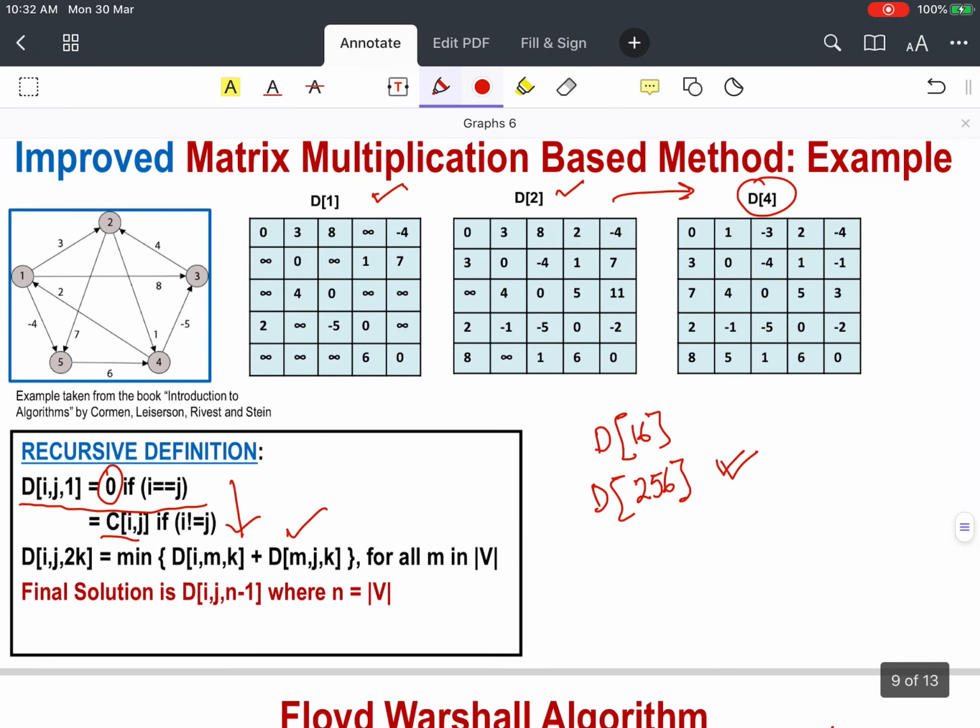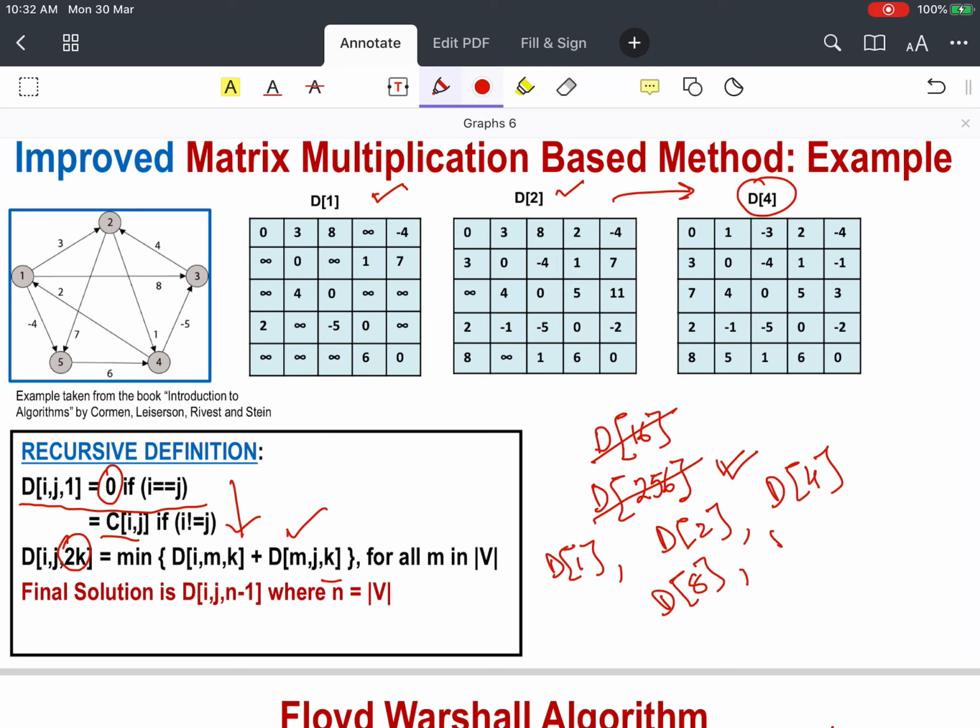One small thing that we had said here, where we had said that this is actually 2k from k, is a little incorrect. We will do d1, then d2, then d4, then d8, then d16, so it is going by jumps of order 2.